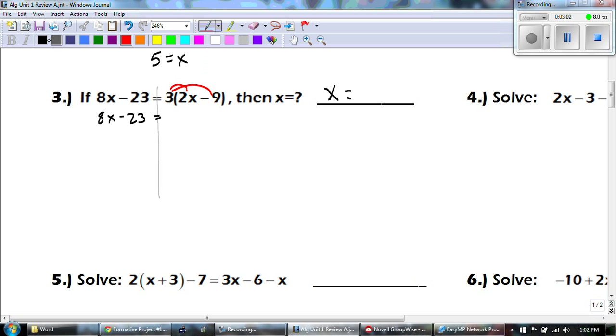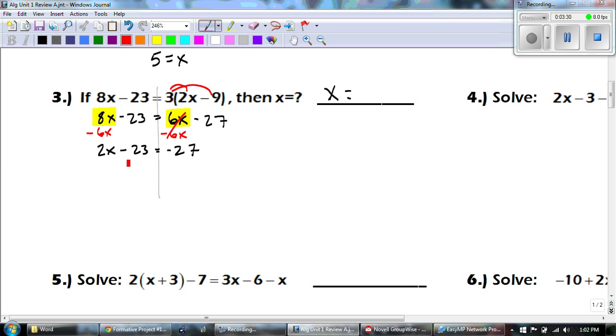Okay, 3 times 2 gives us 6x. 3 times 9 gives us 27. Now I notice I have variables on both sides, so I want to move the smaller variable. So that's the 6x. 8 minus 6, we get 2x minus 23 equals negative 27.